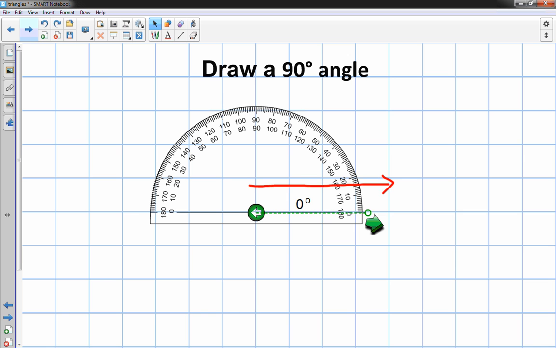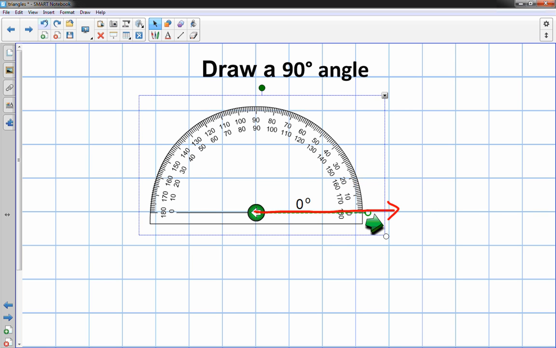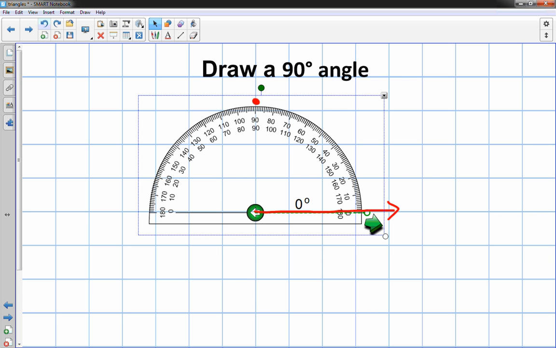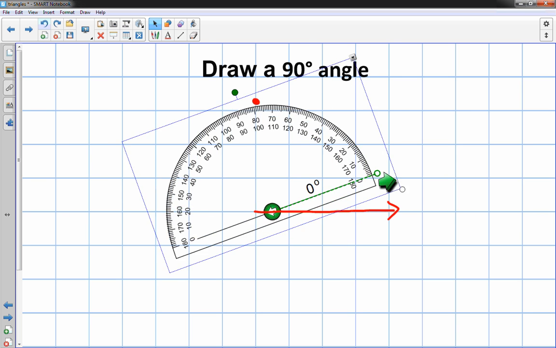Well, I guess we'll just have to do it this way. And find 90, which is up here. Put a dot above it. Then rotate your protractor edge.